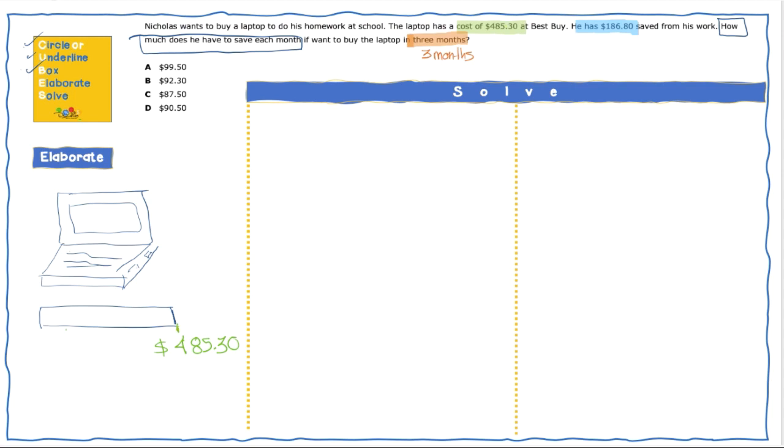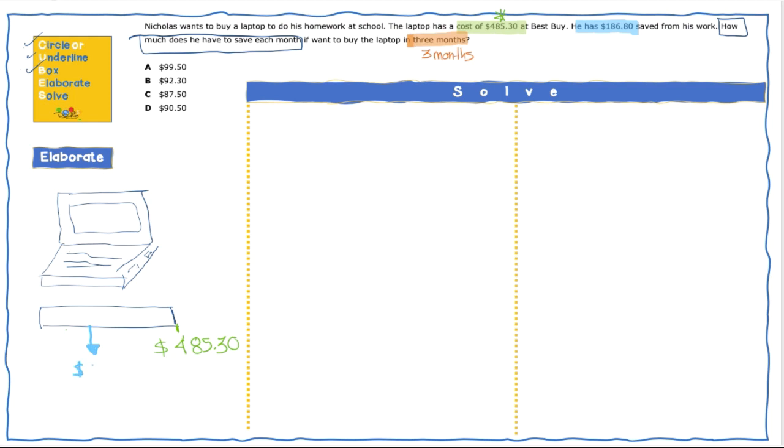This price I got from here. You see that? I always try to use the same color so you can track me better, and this is called color coding. So far he has some money, so that's good. He has 186 and 80 cents, so probably up to here.